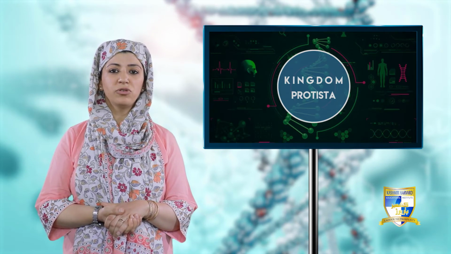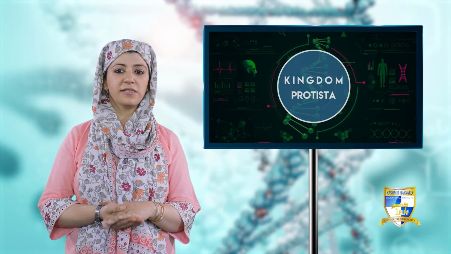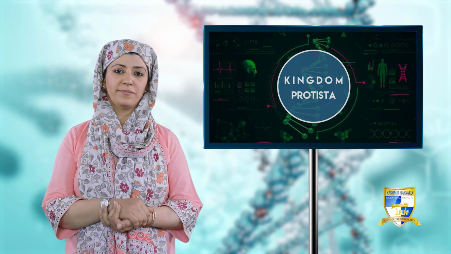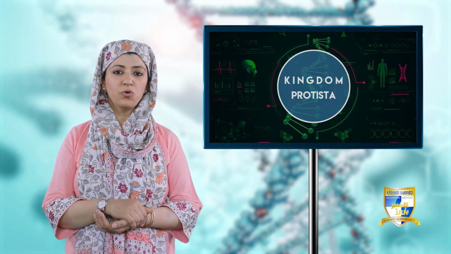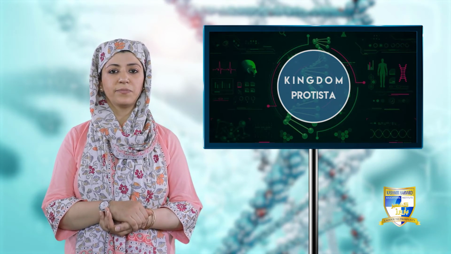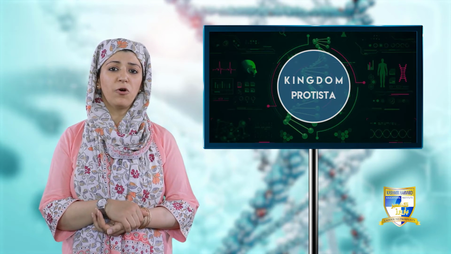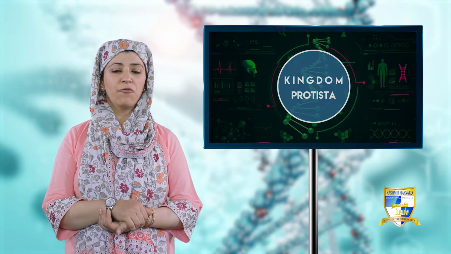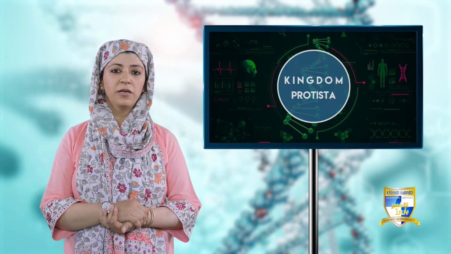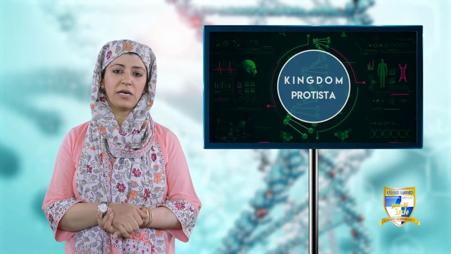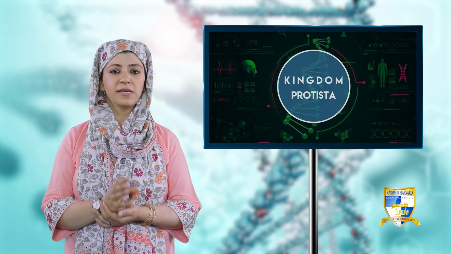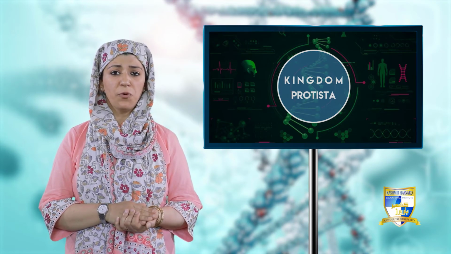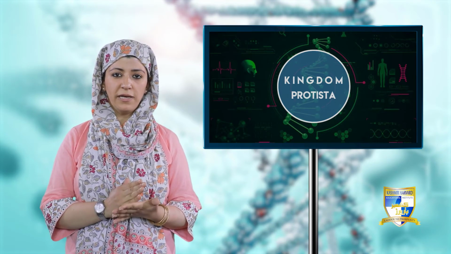Now we have to discuss another characteristic, which is reproduction. How do these protozoans reproduce, how can they produce their offspring? When we are talking about these protozoans, or the kingdom Protista, they can reproduce both sexually as well as asexually.